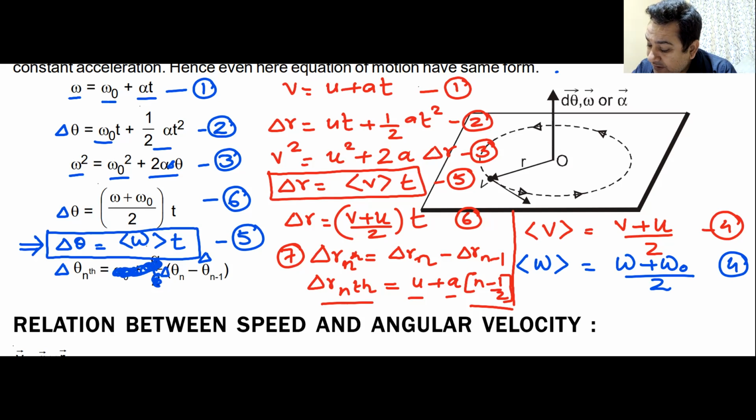The first formula is pretty simple. All the formulas are similar, as you can see. Now, if I put the values, I will get the formula for angular displacement in the nth second.